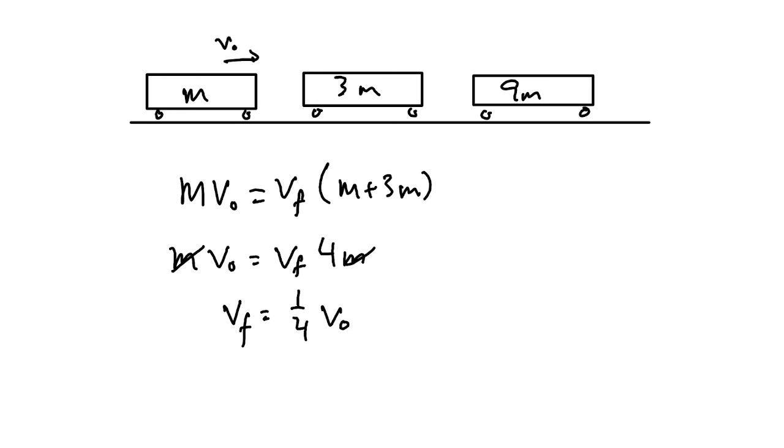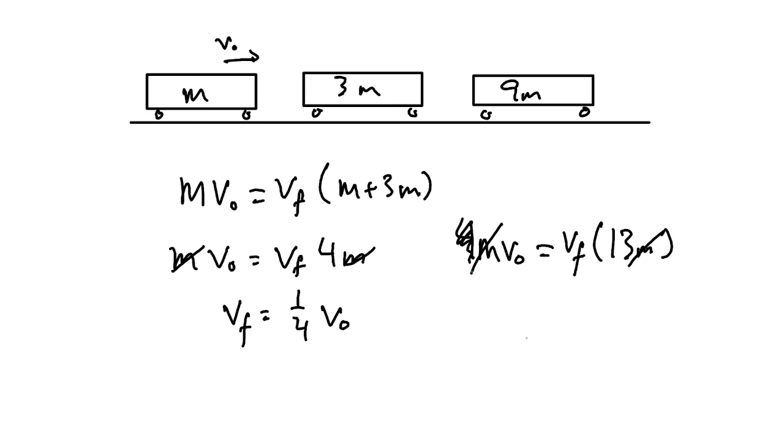And so now we go on to the next one, right? So what's our mass? 4M times 1 over 4 v naught, which basically is just M v naught, is going to be equal to our final velocity times M plus 3M plus 9M, which is going to give us 13M, right?